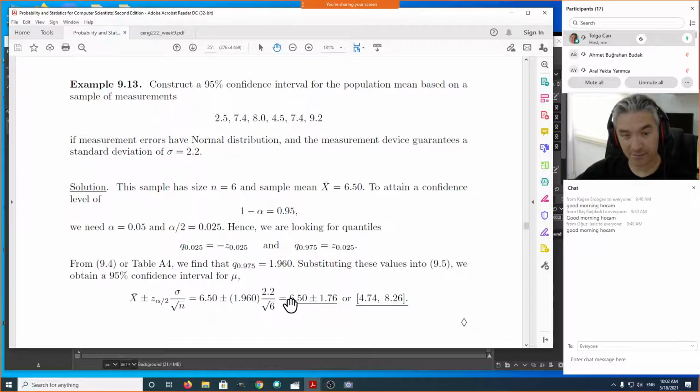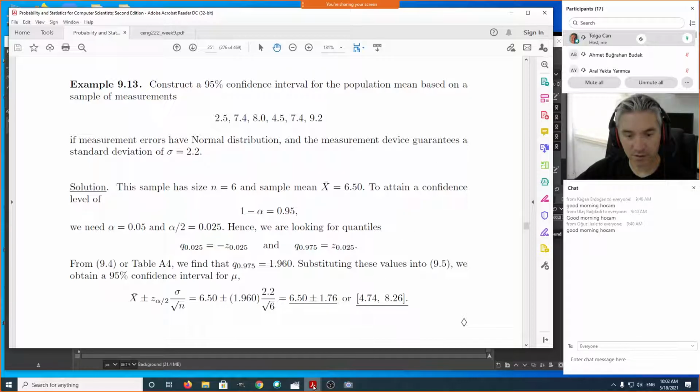Here we have both of the tails cut out with z alpha over 2, which is 1.96. So we go 1.96 standard errors left and right of our sample mean, which is 6.5.